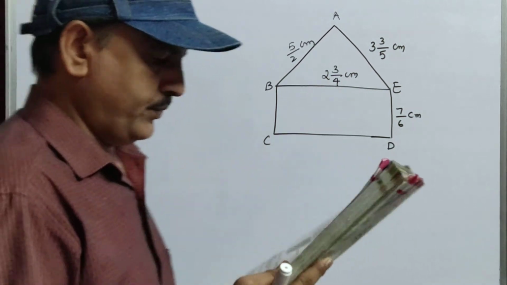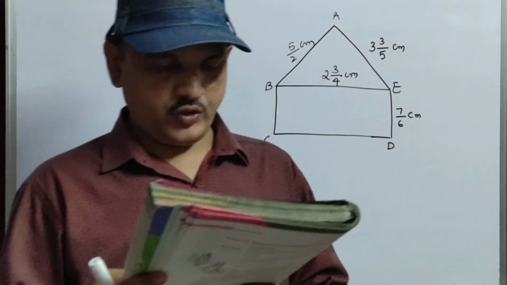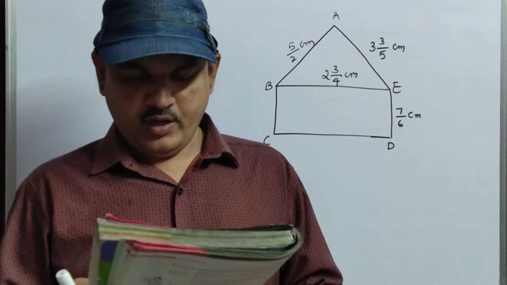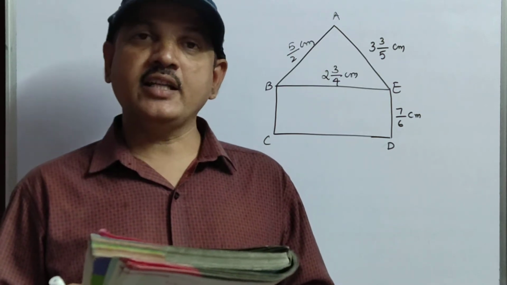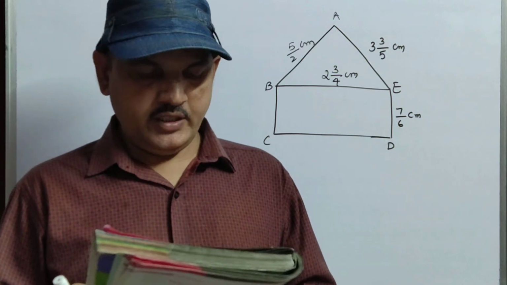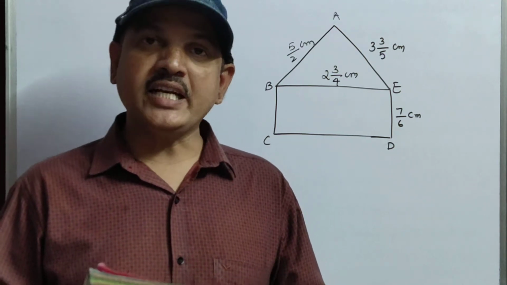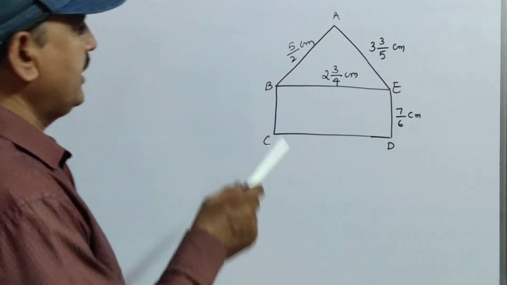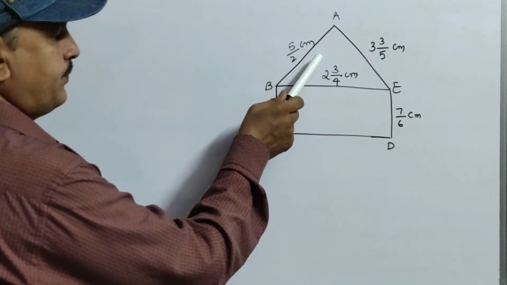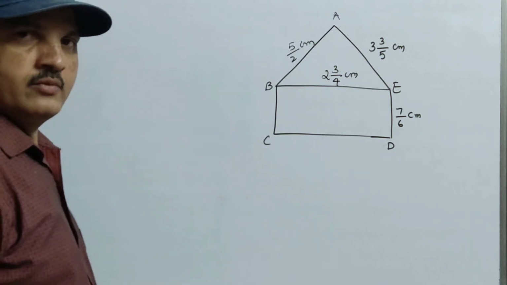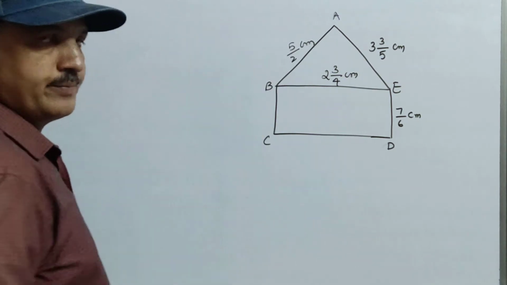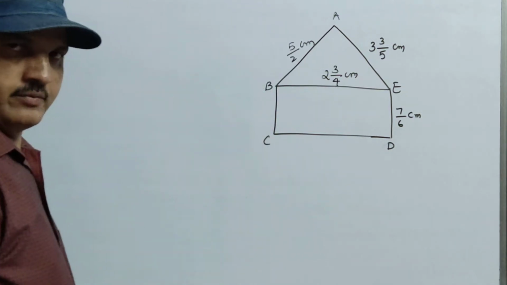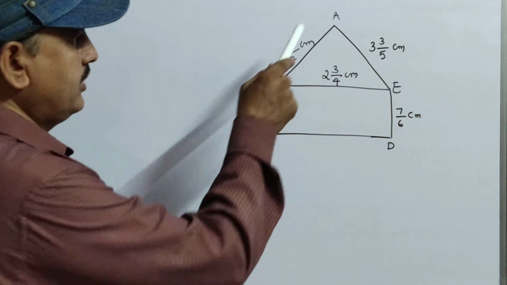Fifth question, that is. Find the perimeter of a triangle. The first one is triangle ABE, and the second one is the rectangle BCDE. In this figure, whose perimeter is greater? What is the meaning of this question? If you observe clearly, there are two different types of figures. One is a triangle, the other is a rectangle.